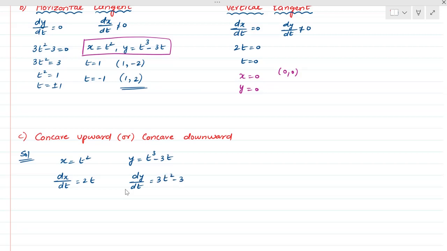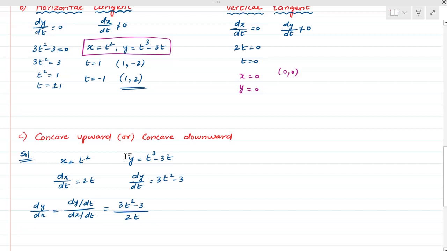This we have already calculated. Now the first derivative, dy over dx, is dy over dt divided by dx over dt. What is this value? 3t square minus 3 over 2t. Now after this, just substitute the value.